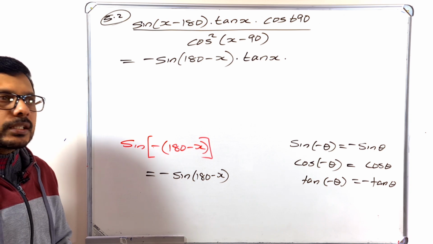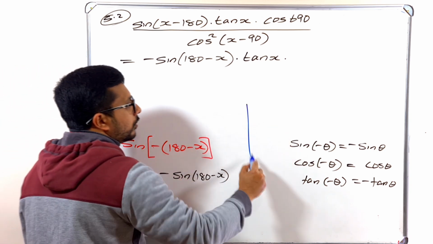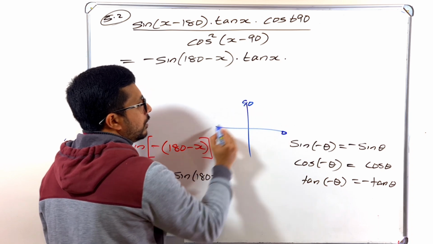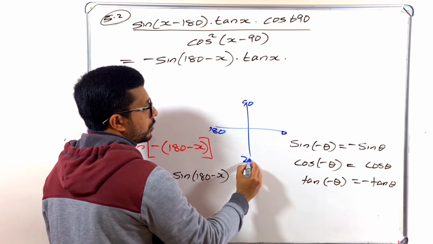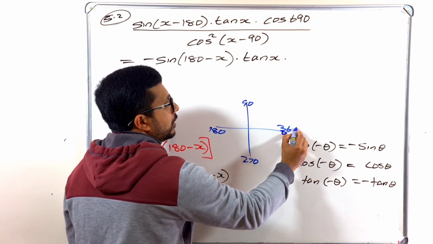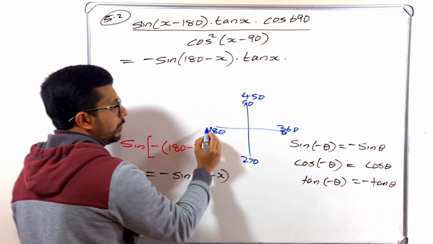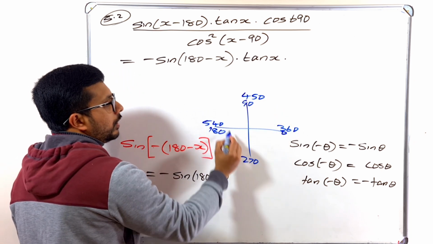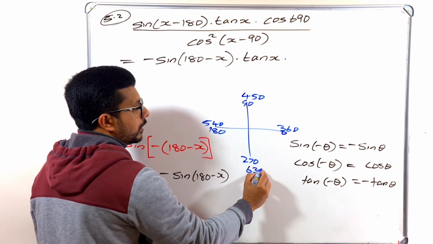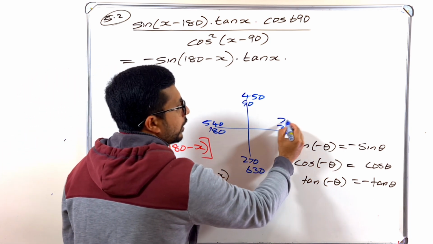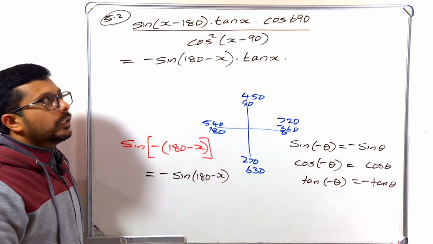690. What is that 690? So on the Cartesian plane, this is 0, 90, 180, 270, 360, plus 90 is 450, 450 plus 90 is 540, plus 90 is 630. Am I right? Then this one is again back to 720.